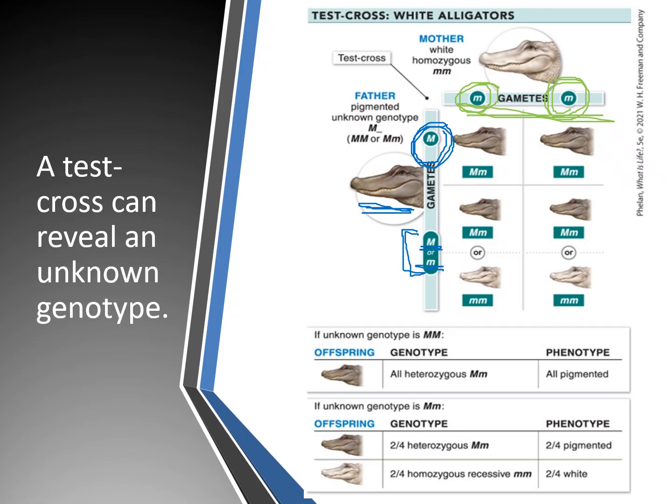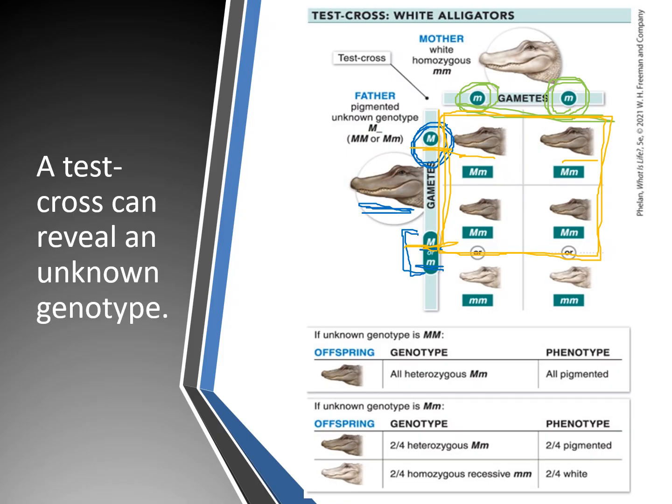So what we end up doing in this test cross is we set it up in such a way that shows us, if he is homozygous dominant, we are going to see all of the offspring look like him. They are all going to be pigmented because they will receive that dominant allele from dad.